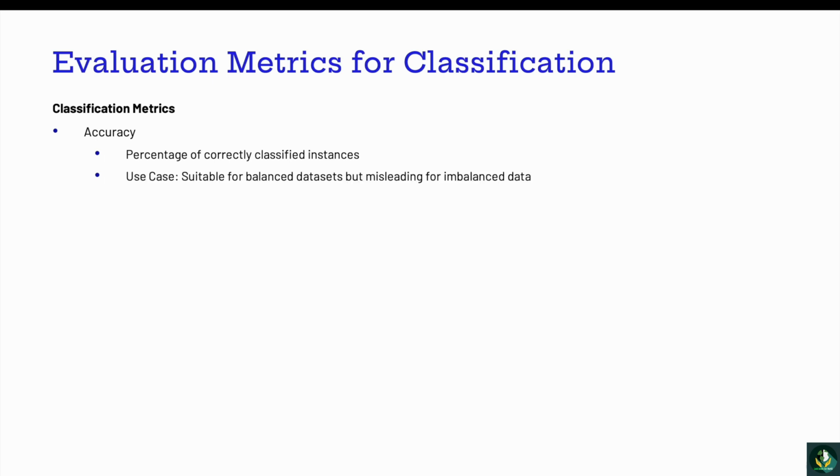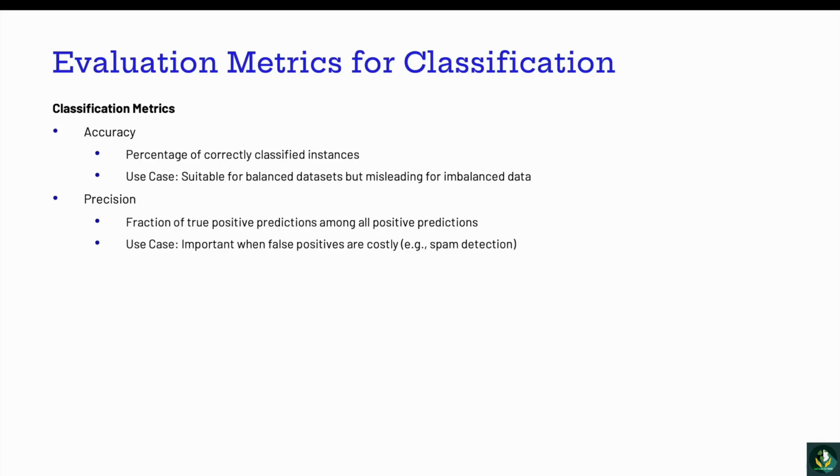Use case for this is suitable for balanced data sets but misleading for imbalanced data. Next, we have precision, the fraction of true positive predictions among all positive predictions. The usual formula for this is true positives divided by true positives plus false positives, and its use case is important when false positives are costly.